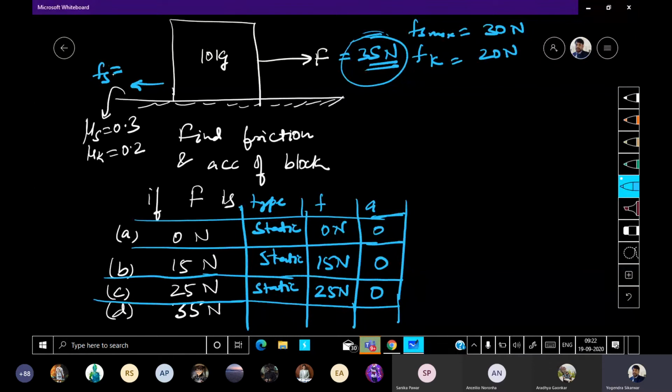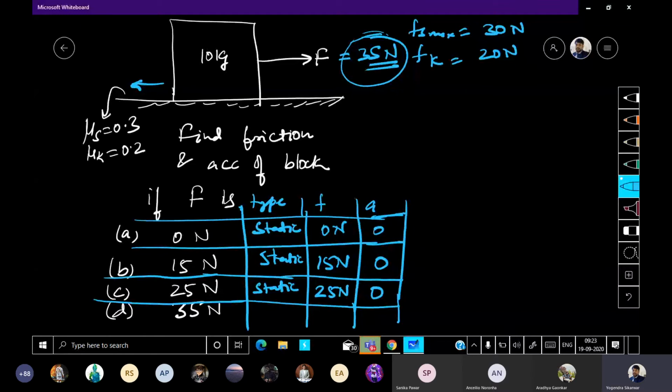Okay, how much is that? Sir, it is 35 Newton. Then static friction asks how much we can spend to stop the object. Sir, only 30. Acha, this time the requirement is more. We have only 30 Newton force. Sorry, we cannot stop. Surrender. So static friction will surrender in this case.